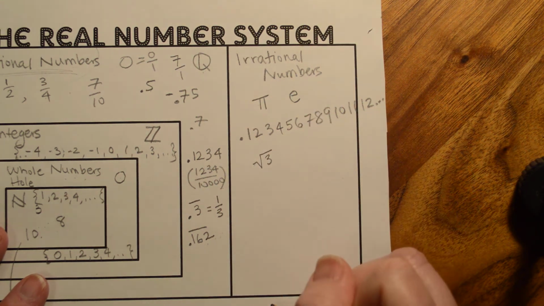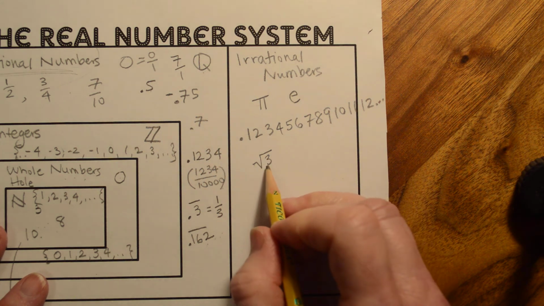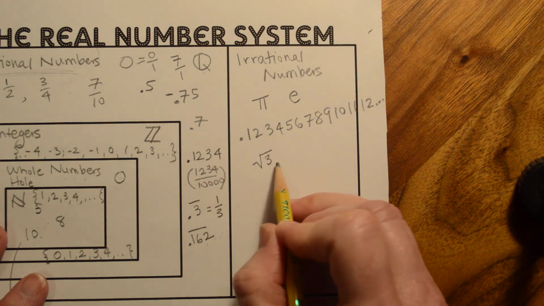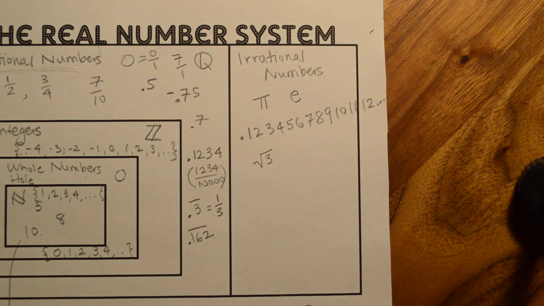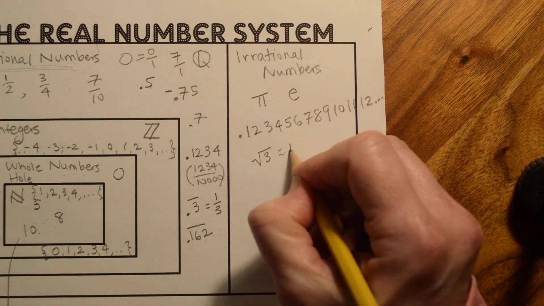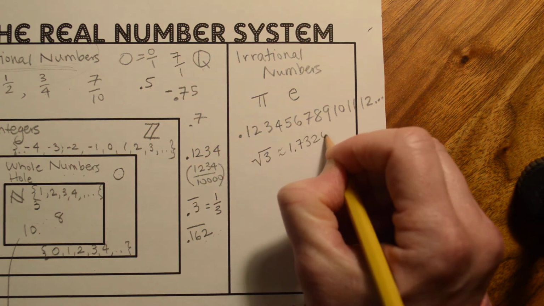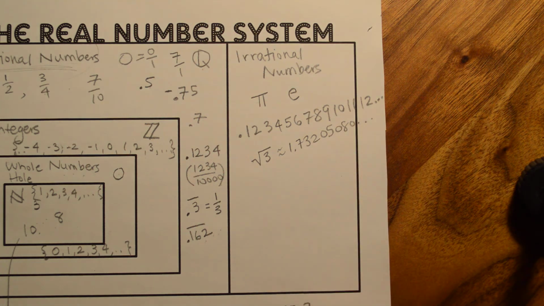Square root of 3. All right, what number times itself equals 3? No nice number. If you plug that into your calculator, let me see, here's my calculator right here. If I plug that into my calculator, I get that it is approximately equal to 1.73205080, and it keeps going, right?